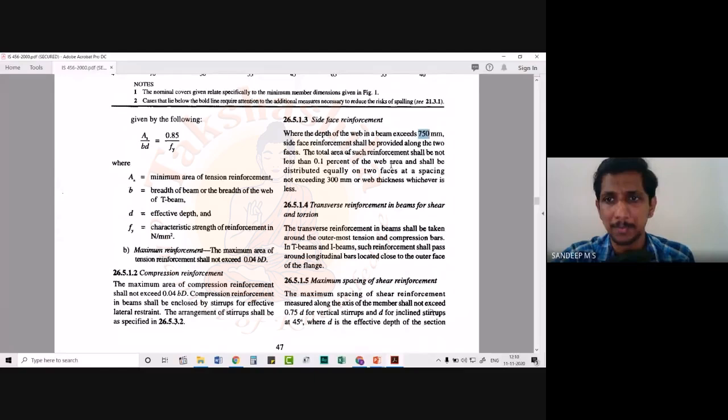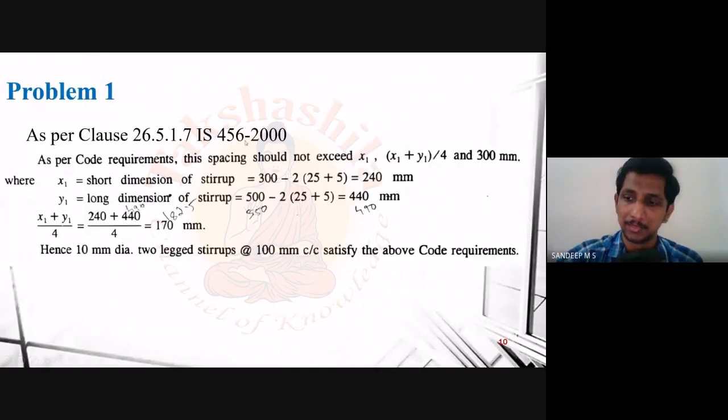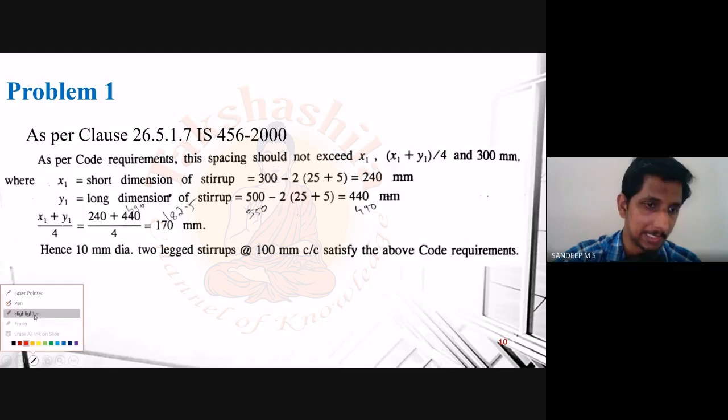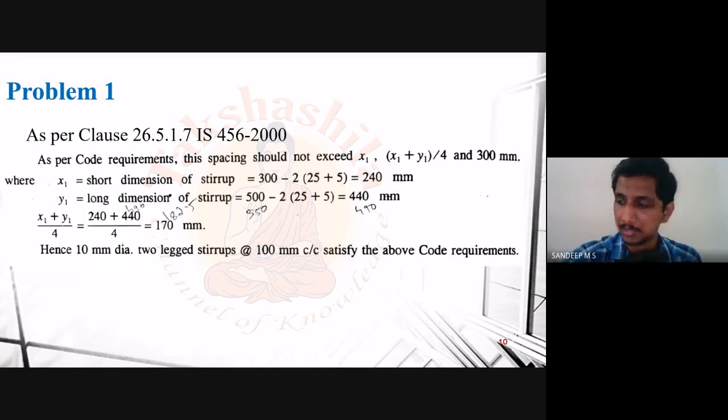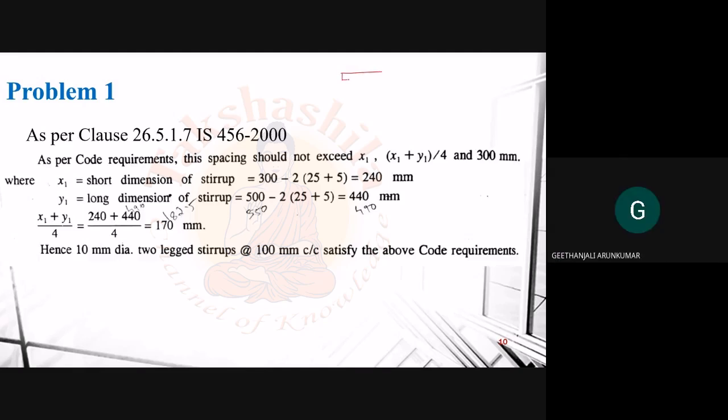Okay, what do you mean by web cross-sectional area? Do you have any idea regarding web cross-sectional area? No idea. Have you heard the term webs and flanges? I am pretty sure that you have heard about that from engineering mechanics itself. Yes, in an I section, like webs and flanges.